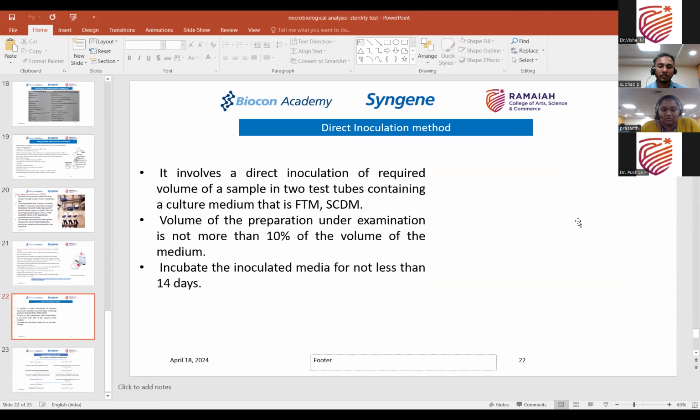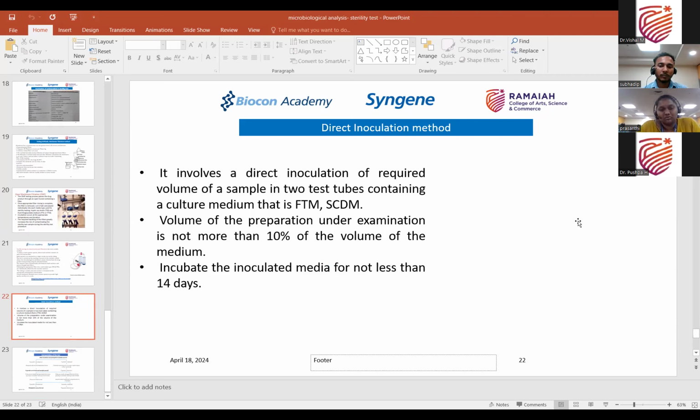Without any filtration, without trapping the microorganism, you directly inoculate it into a culture medium for aerobic bacteria, anaerobic bacteria, or fungi. You incubate for 14 days and interpret the results based on the growth or absence of growth in the media. So this is called direct inoculation.